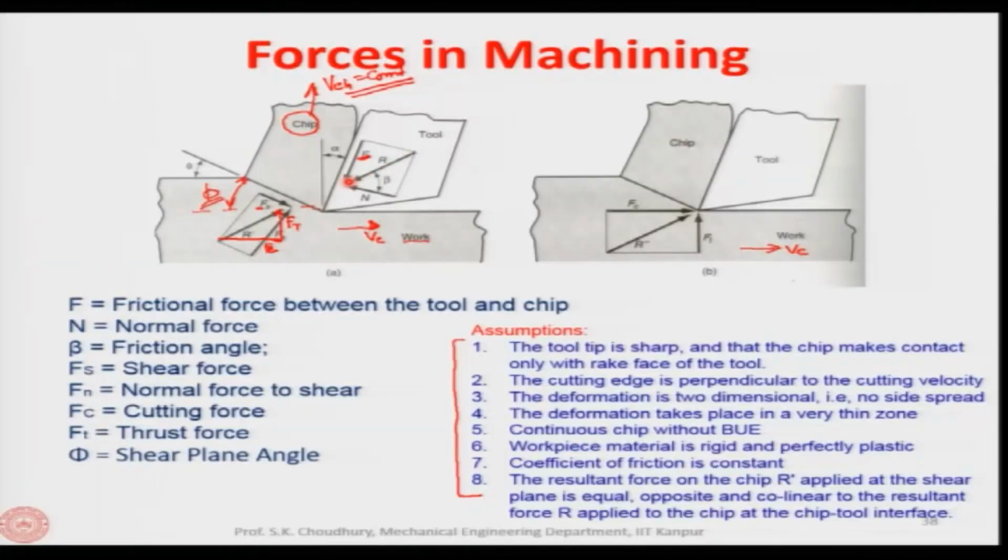Now, if we draw a circle with a diameter of r or r prime, then all the tips of these components Fn, Fc and Ft have to lie at the periphery of that circle, because all these components are the components of one and the same resultant force, r or r prime, and r and r prime are equal.